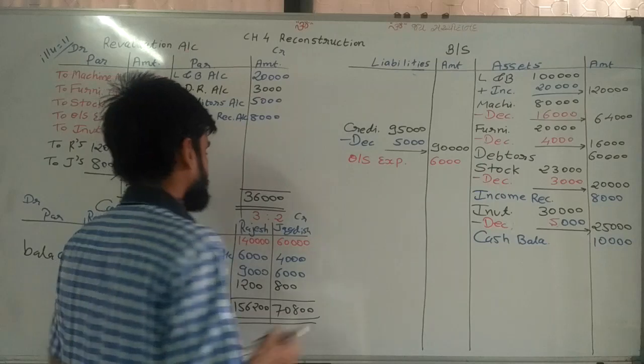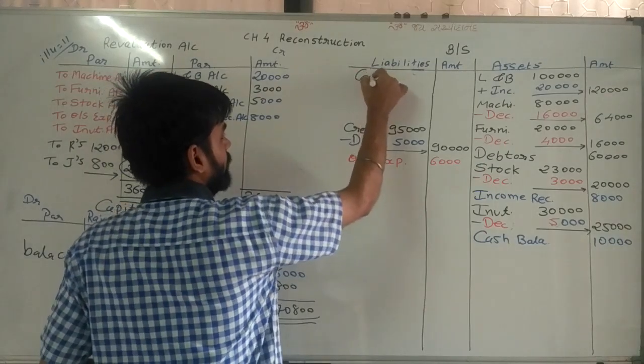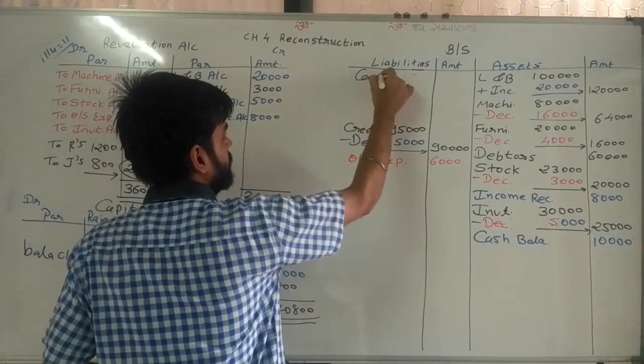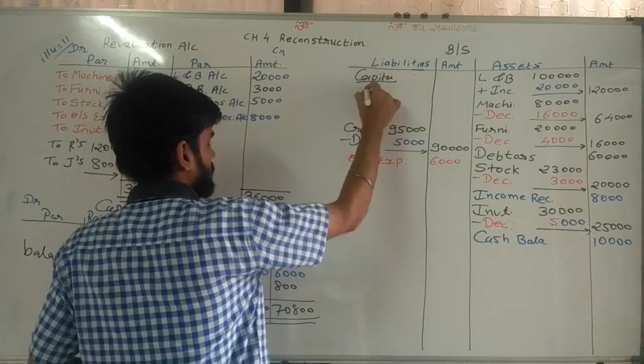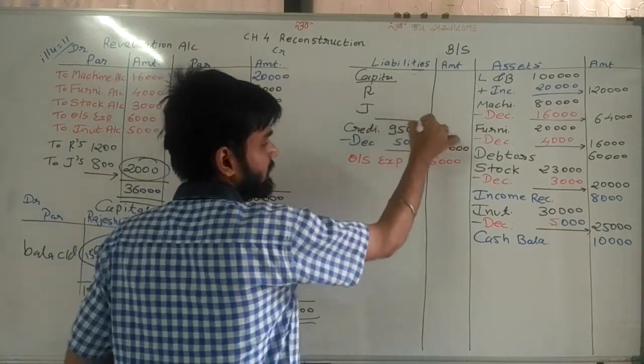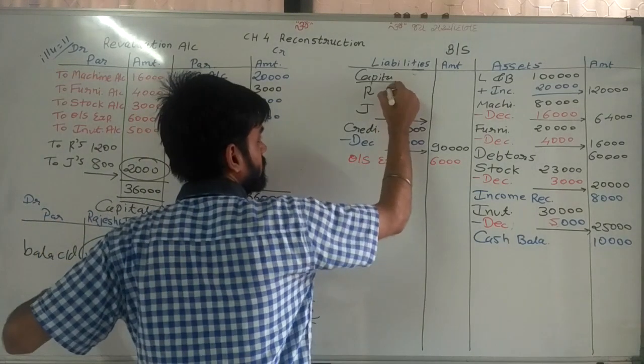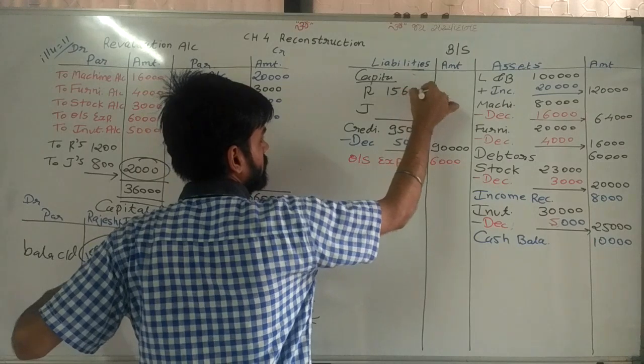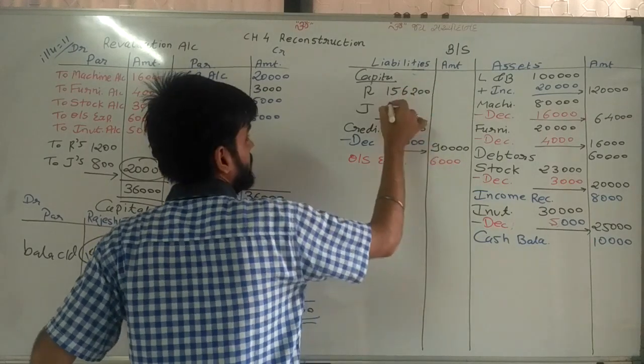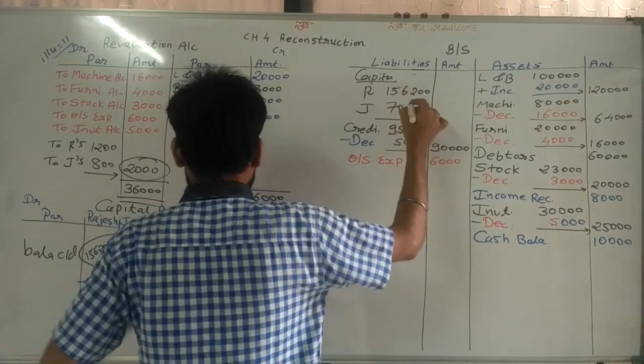So we are writing here capital of Rajesh and Jagdish. 1,56,200 and 70,800.